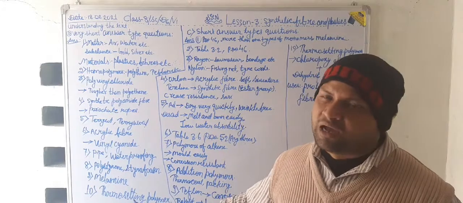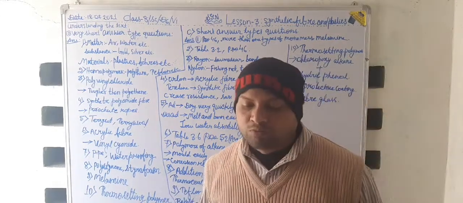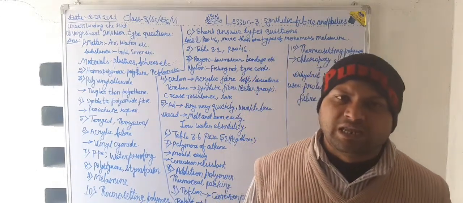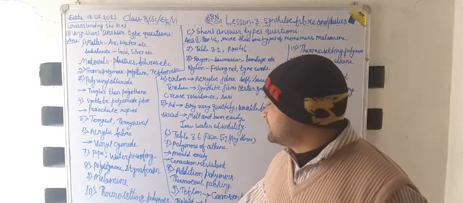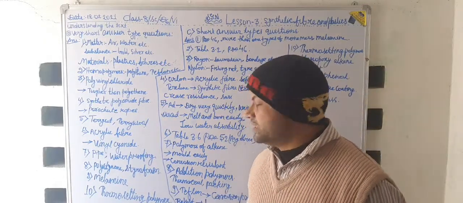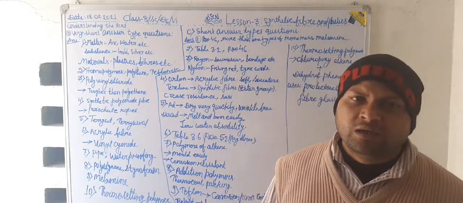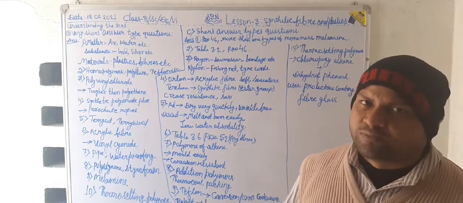Now for question number 10, what is araldite? Araldite is a thermosetting polymer. So these are the answers of the very short type questions.